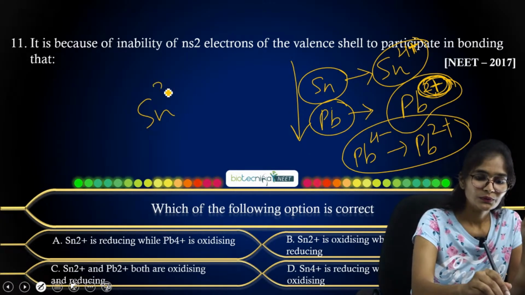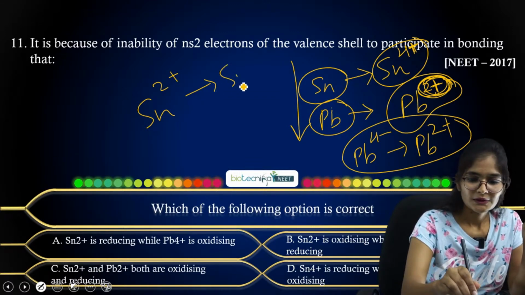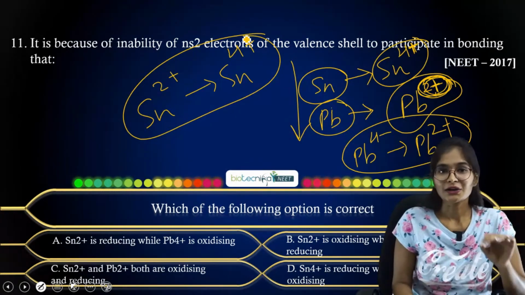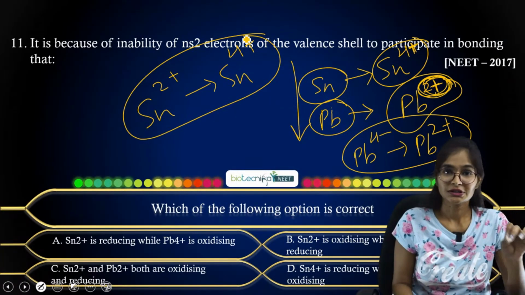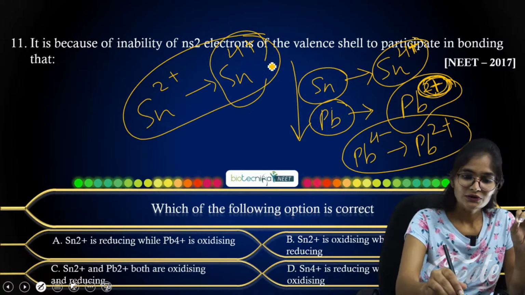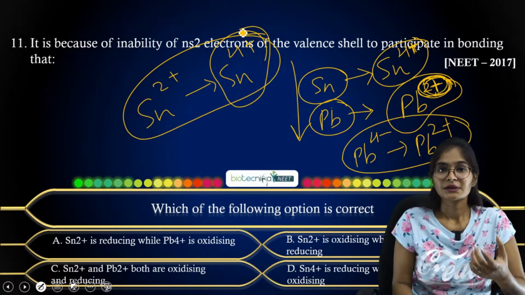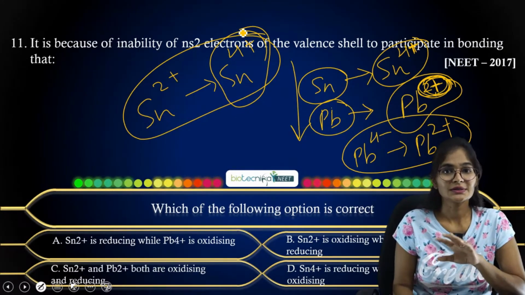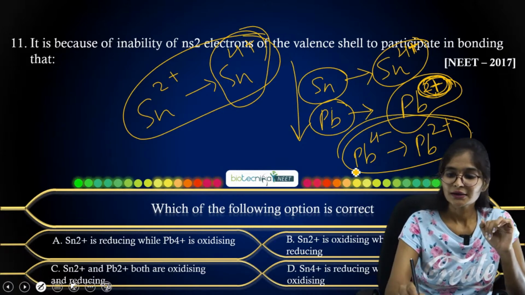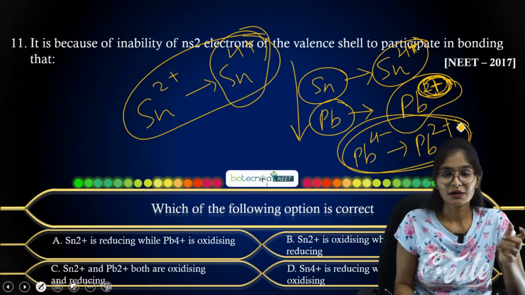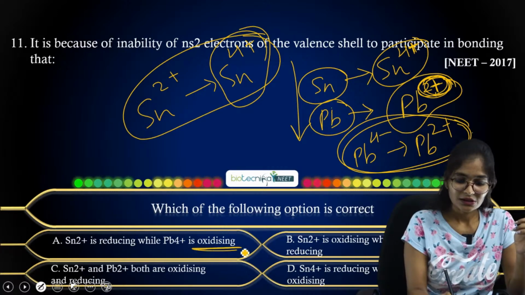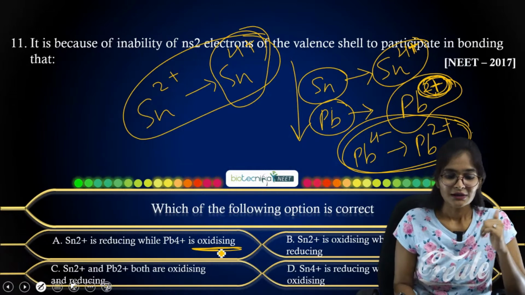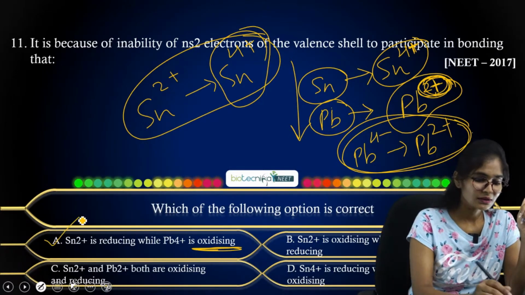So +2 to +4 oxidation state, you can convert easily. Tin will act as a reducing agent: it undergoes self-oxidation and reduces others. But lead is the reverse case: it acts as an oxidizing agent, oxidizing others but undergoing self-reduction. So option A has to be correct here.